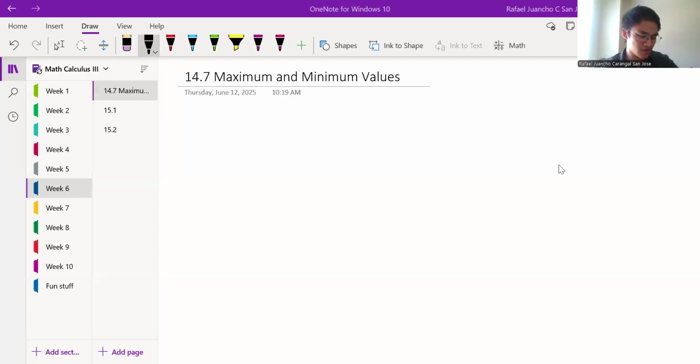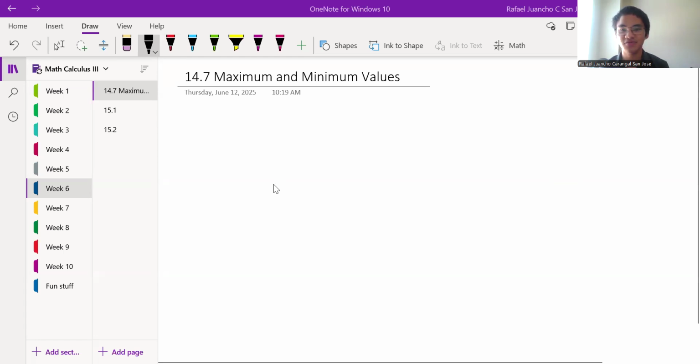So today we're going to be talking about maximum and minimum values in 3D. Before we talk about this, at least in my previous courses, we did talk about what is a minimum and what is a maximum given a real valued function, right?